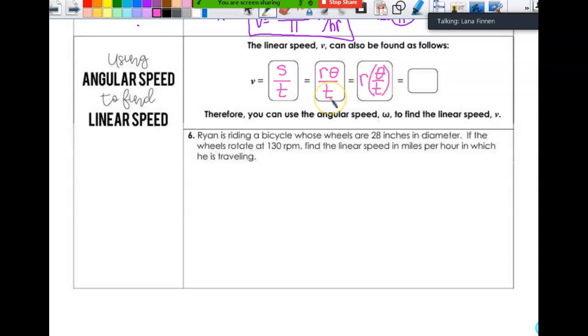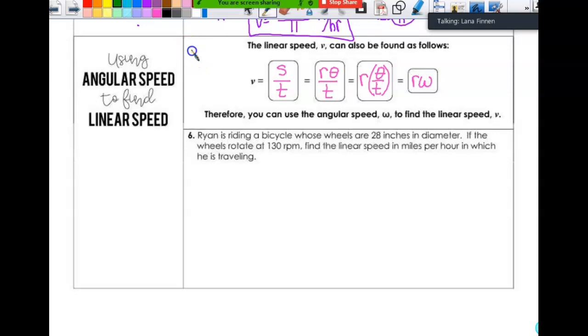That's the same as the one before, right? And then tell me, what does theta over t represent that we just talked about today? Angular speed, exactly. This is your angular speed formula. That is omega. So this really could just be r omega.